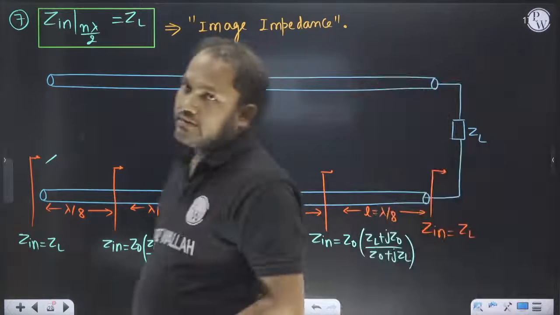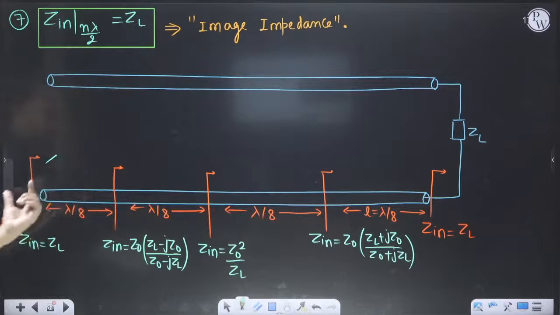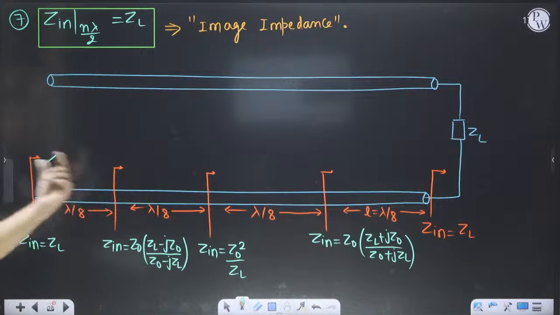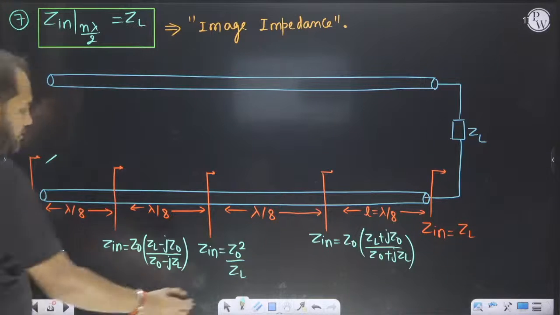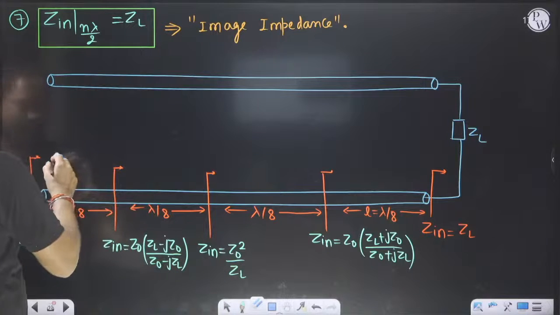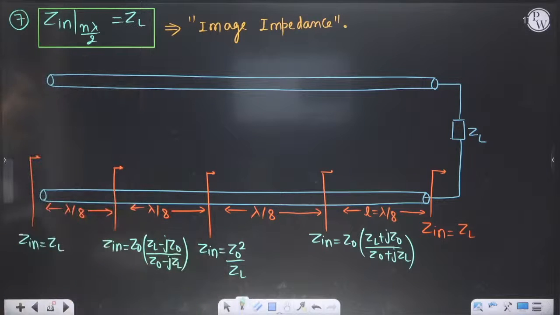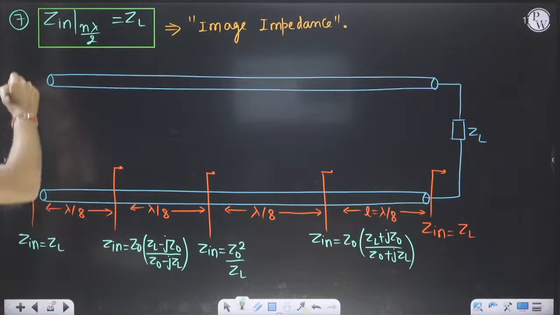After that, the Zin will be this one only, then inversion, then 3 lambda by 8, then lambda by 2. So the answer will be the same. Like that, the value will be changing. So this is the 8th point here.